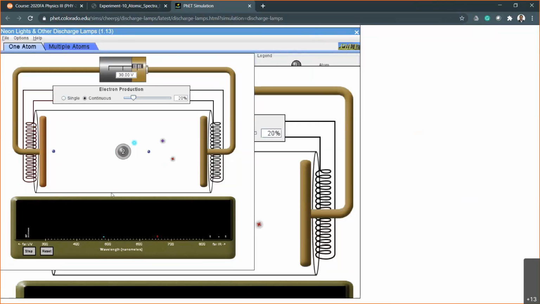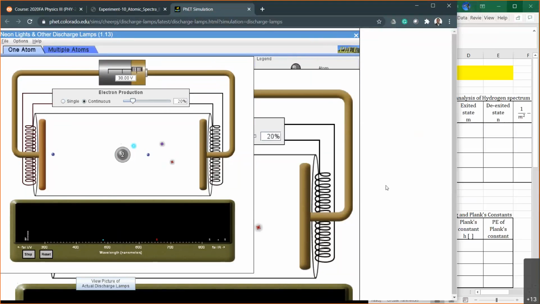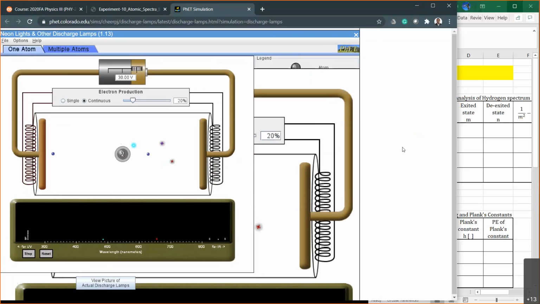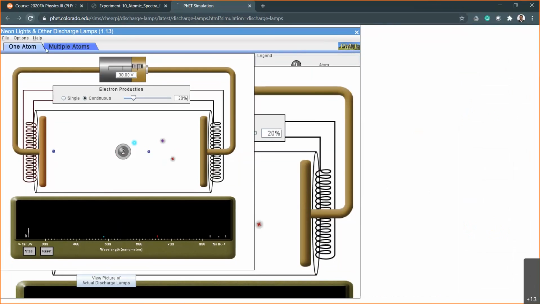My spectrum is hiding, and then the spectrum energy states are hiding because I tried to zoom in too much. Probably that's okay. So let's reset this one and then see whether I can do that properly. Okay, so that's fine. Let's reset this one.